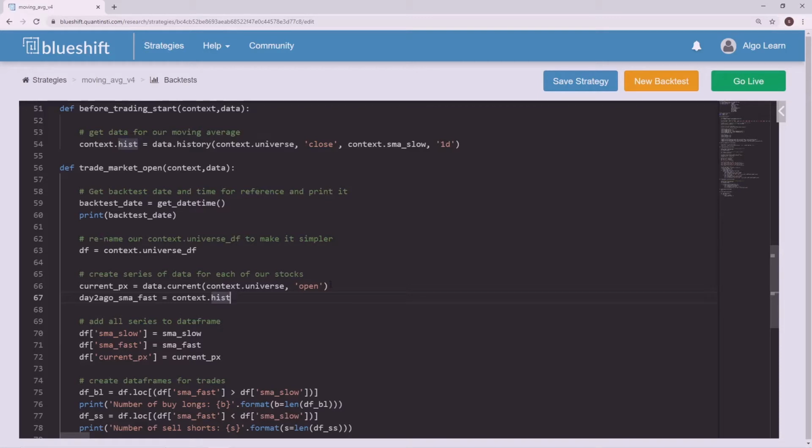We know we have our data, and we're just going to call it back from context.hist. We want to know, so this data, we've already set this up: context.day_2_ago_SMA_fast, colon.